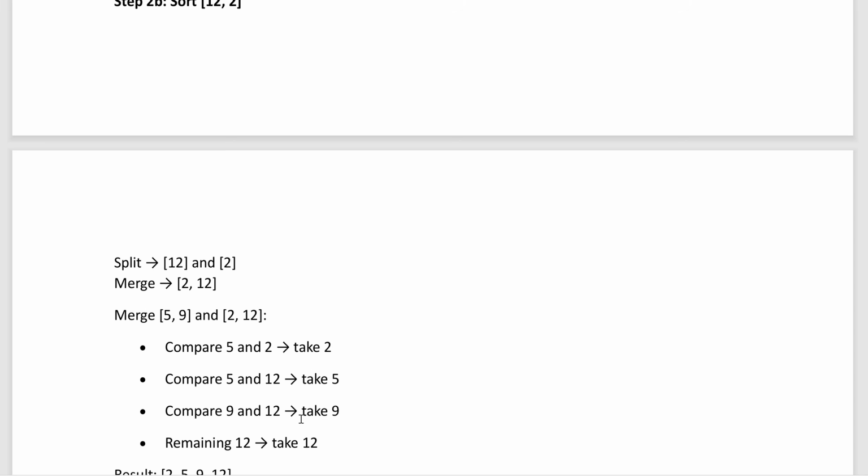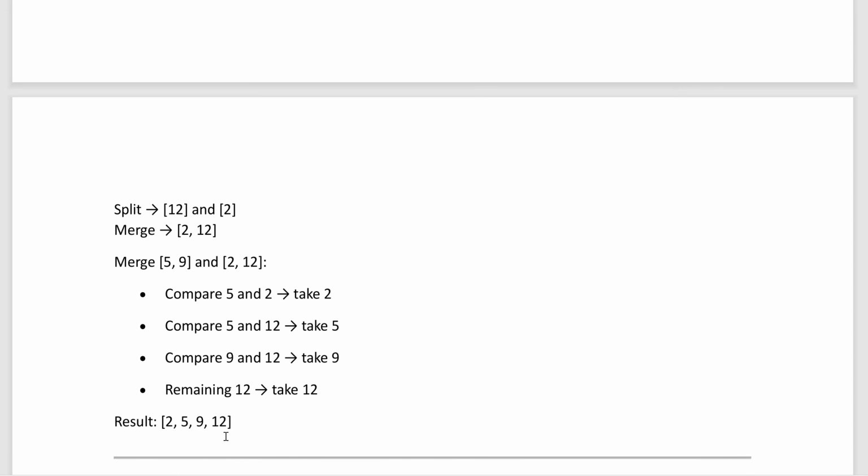The remaining is 12. Clear? So when we apply the merge on these two subarrays, the merge operation results in the sorted array 2, 5, 9, 12.